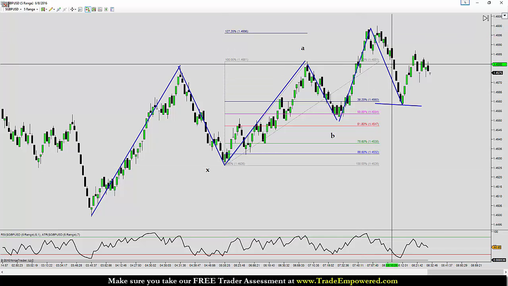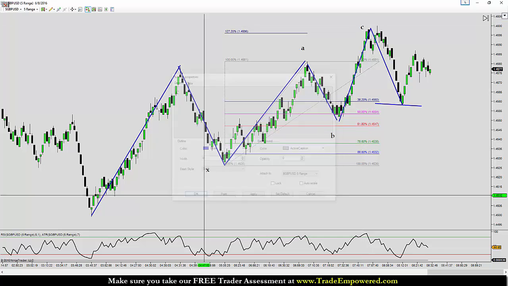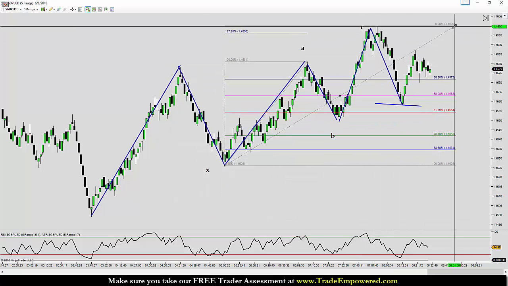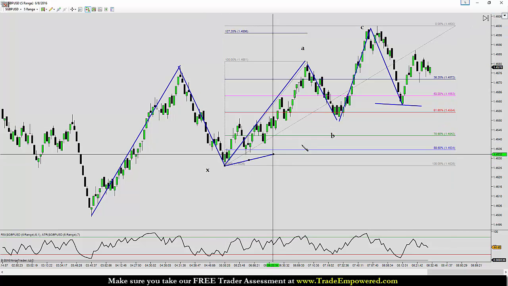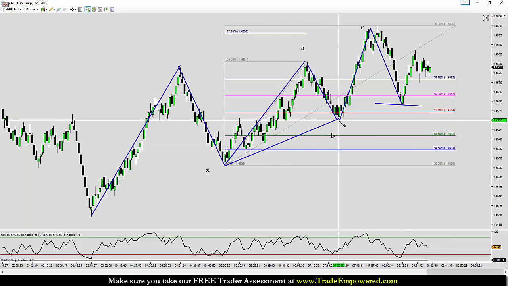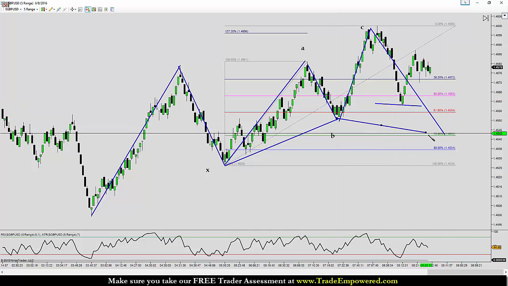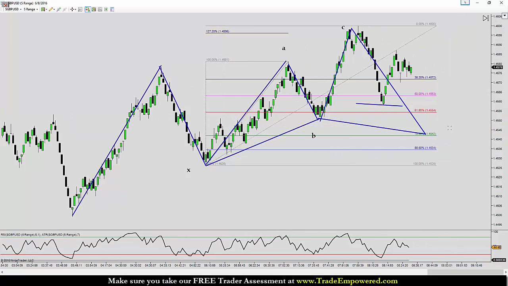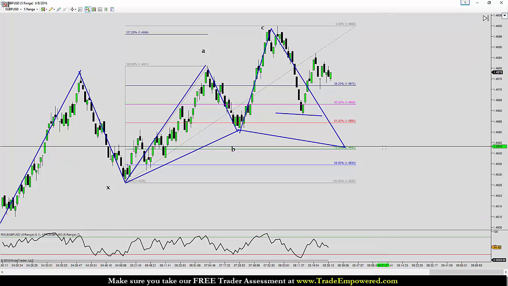We hit our 127 extension, giving us a valid C leg. We know that our decompletion is at the 786. So if I take my little line tool and do a little bit of this, we've got a potential bull cipher formation here on the pound dollar range bar chart right at 145.42.